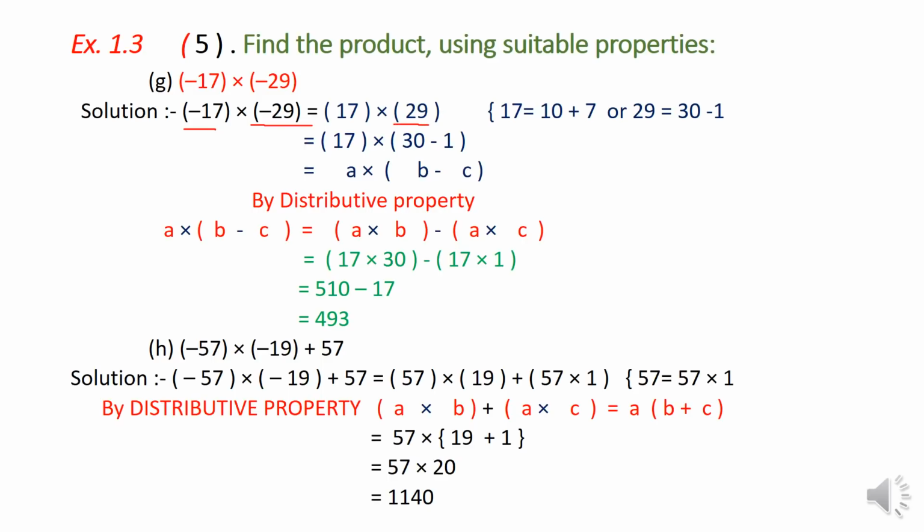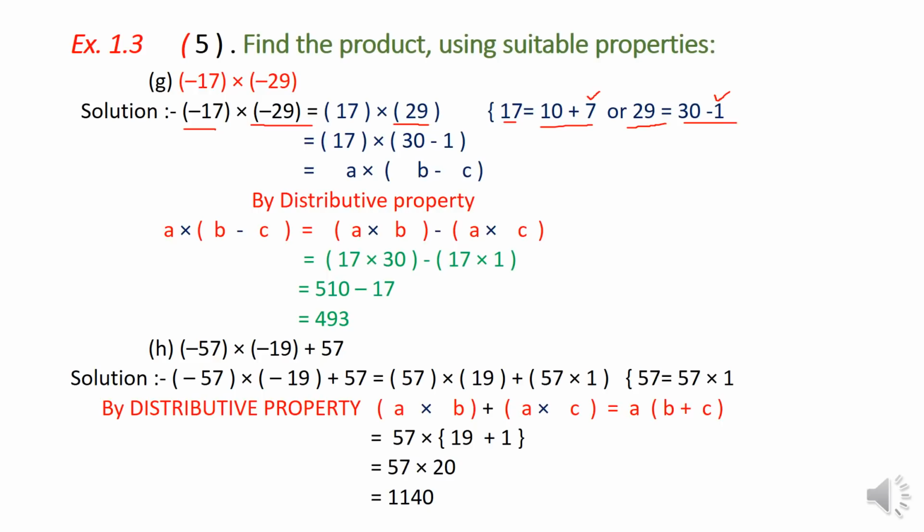Minus 29 we can write like this, 30 minus 1, as well as we can distribute 17 also. This will become 7 plus 10. As you see, here is 1 and here is 7. Multiplication with 1 is easier than multiplication with 7. So, we are choosing the second option, but you can do this problem using the first option also.